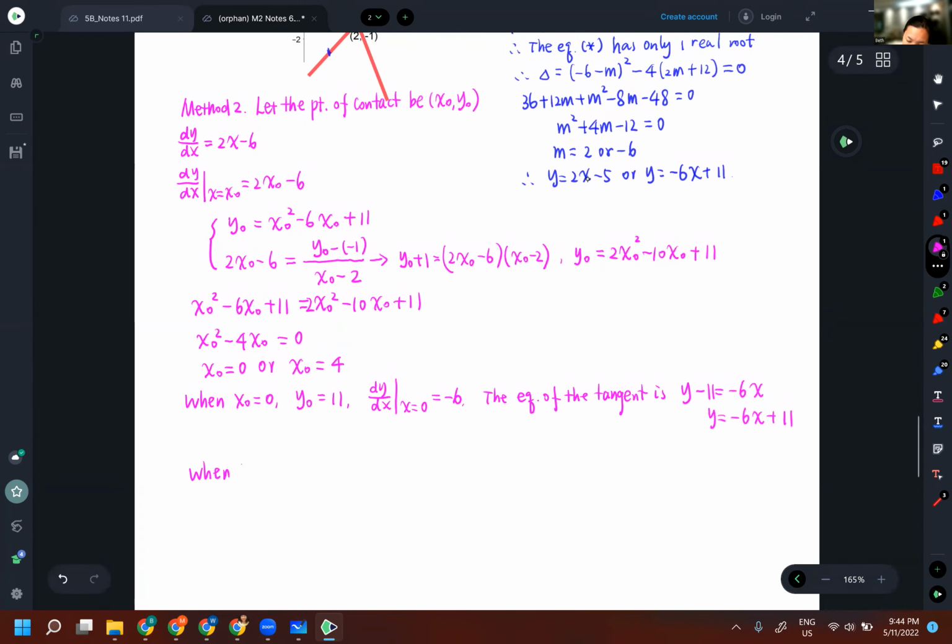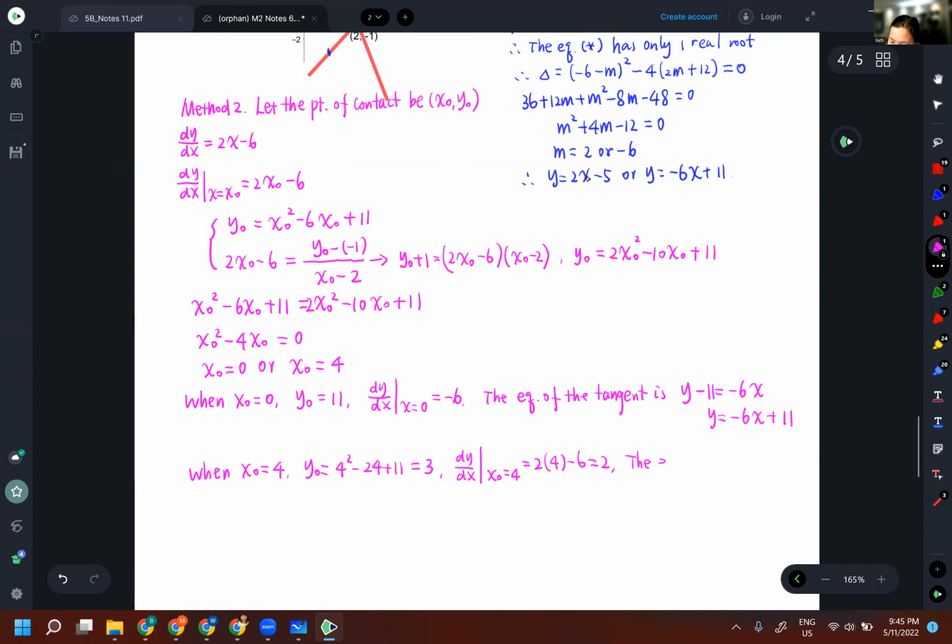When x0 equals 4, y0 equals 4 squared minus 24 plus 11, which is 3, and dy/dx at x0 equals 4 is 2 times 4 minus 6, equals 2.